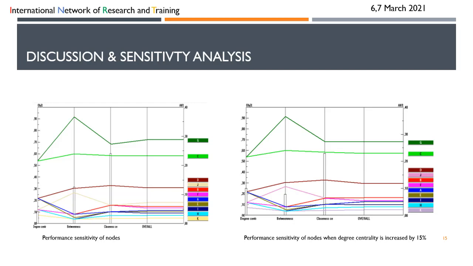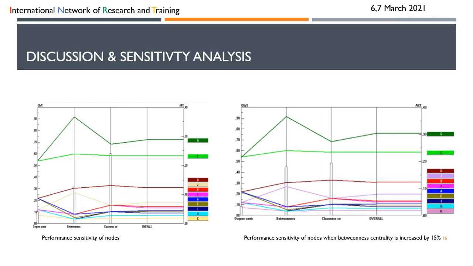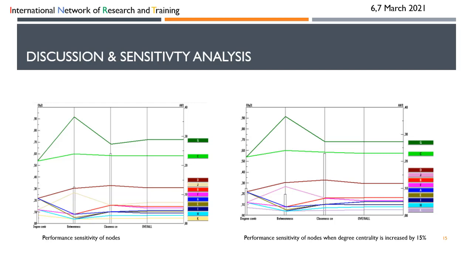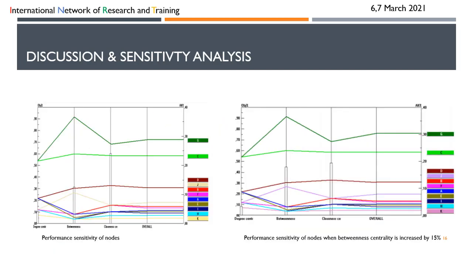So we show the stability of the classification of nodes. Similarly, with betweenness centrality, we have the same rank of nodes, and the same thing with closeness centrality.